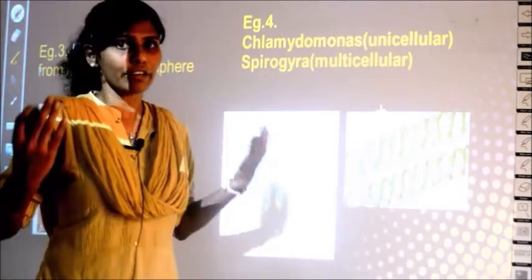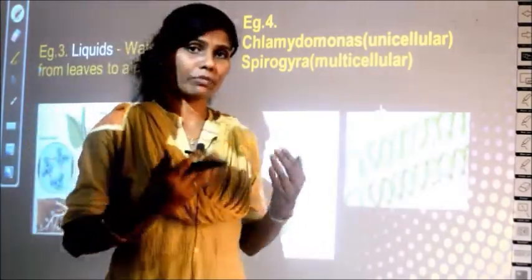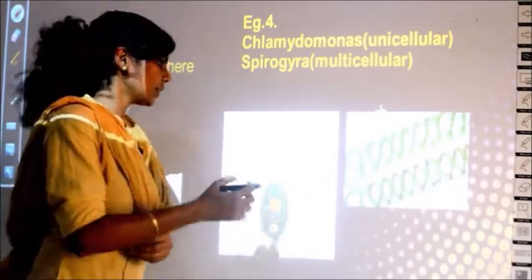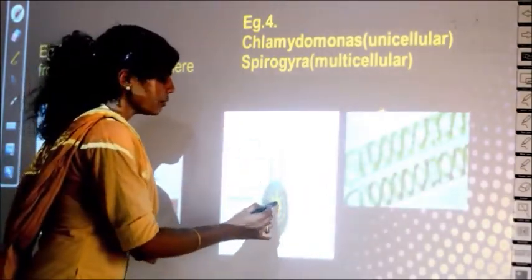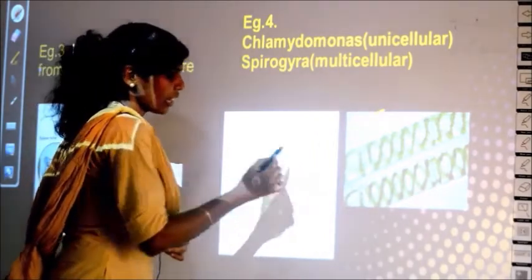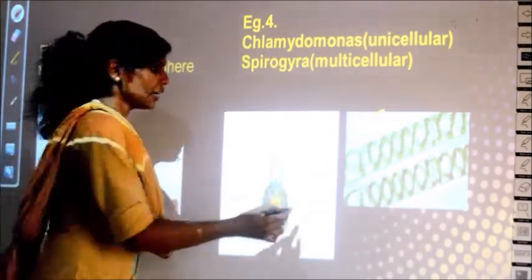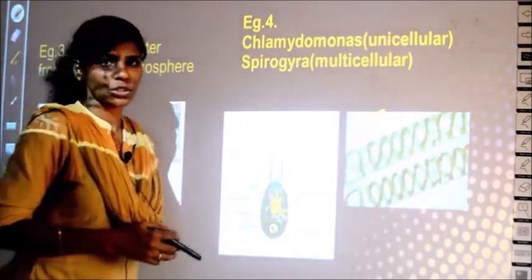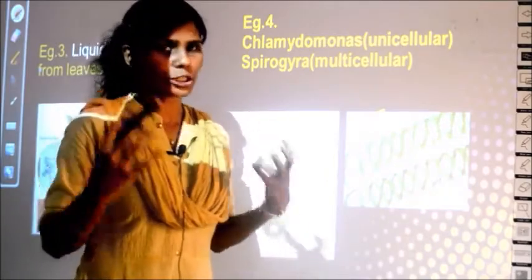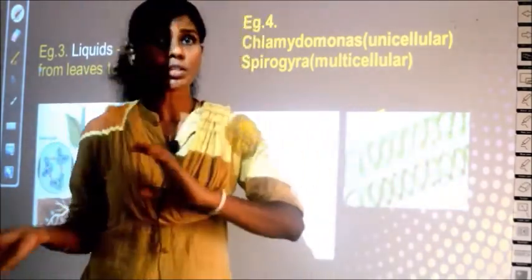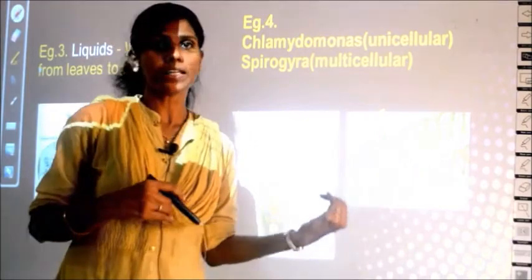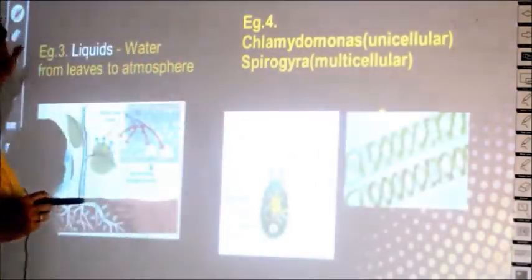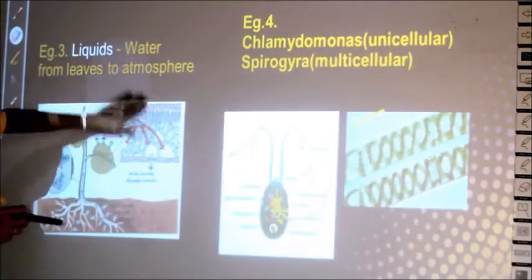Whenever they are starving, which means the nutrients are low in the body, and in the surrounding environment the concentration is very high, the nutrients from higher concentration will move into the lower concentration. So this is how they eat. Just by the process of diffusion, higher concentration of nutrients from outside will enter inside them. So this is the fourth example given for diffusion in your textbook.